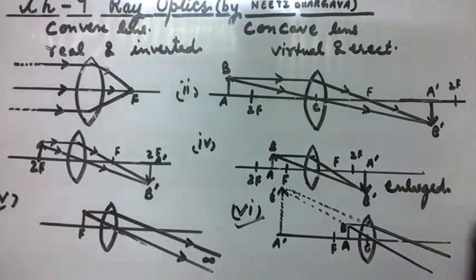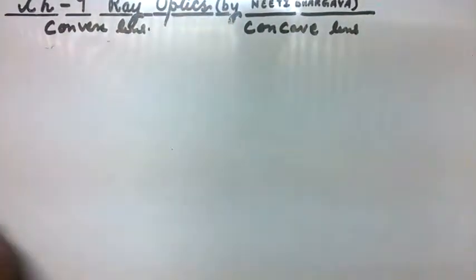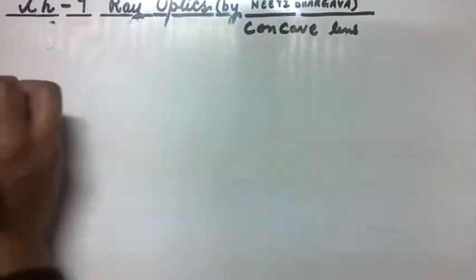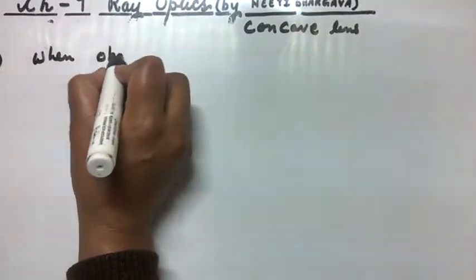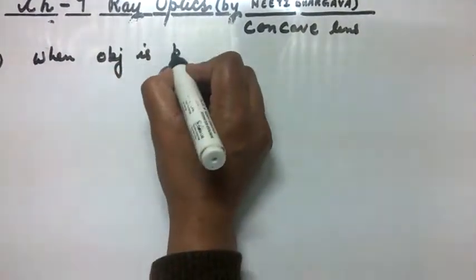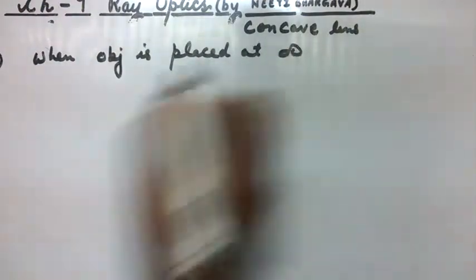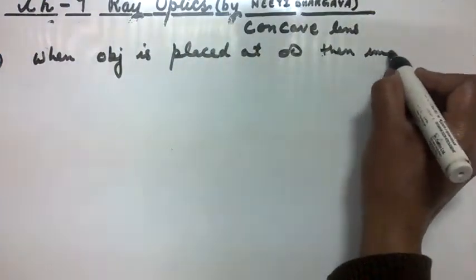Now the last one is the images obtained by concave lens. The first one is when object is placed at infinity, then image is formed at focus.